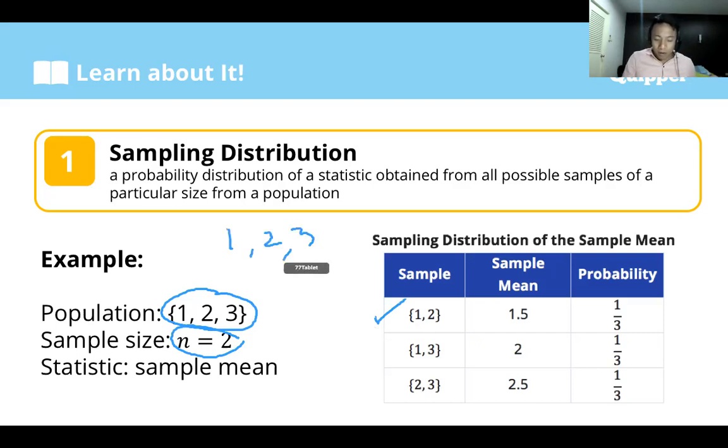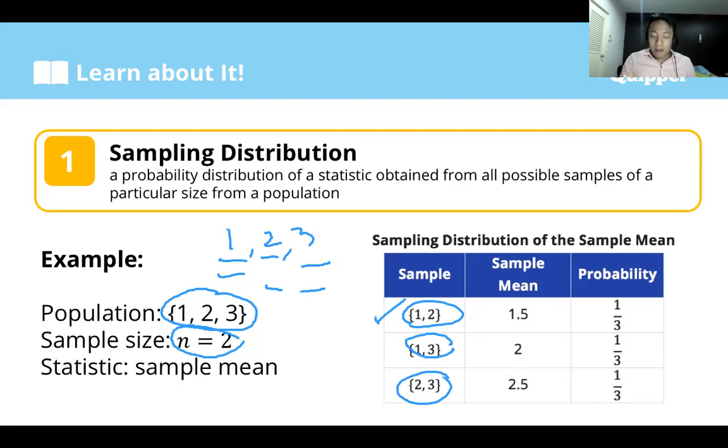We can pair 1 and 2. We can also pair 1 and 3. And then, of course, we have 2 and 3. So we have only 3 samples here. In our population 1, 2, and 3, with sample size 2, the pairs are 1, 2; 1, 3; and 2, 3.